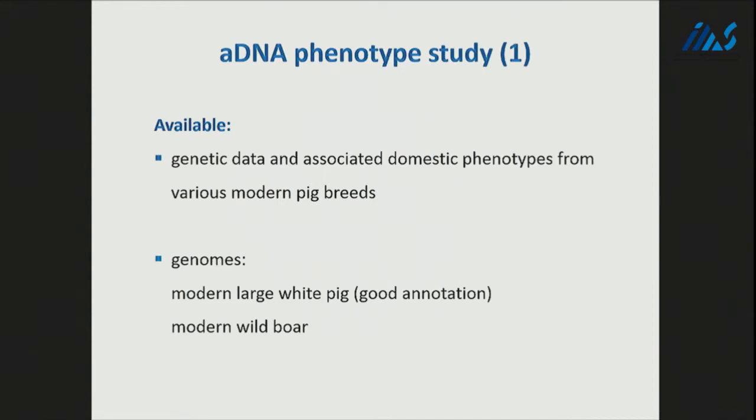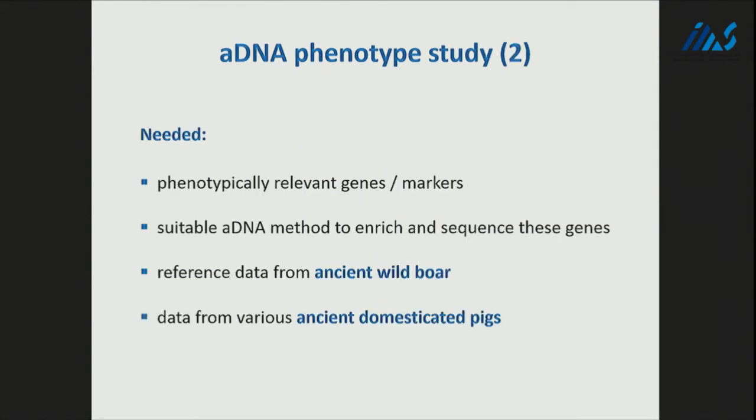And also a few genomes have been published in the meantime. Now, what was needed? Well, the first approach was not to sequence the whole genome, but rather to focus on certain phenotypically relevant genes or markers, then to enrich them. And as a reference, we wanted not a modern wild boar, but we went directly for the ancient wild boar.